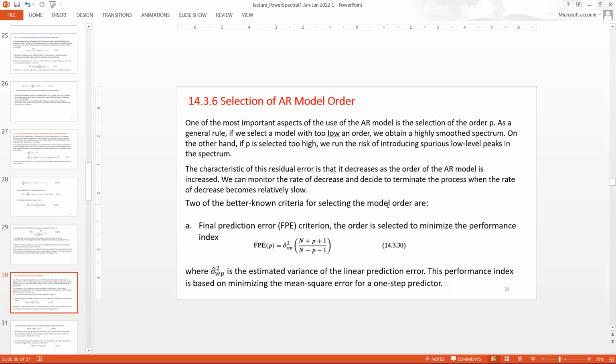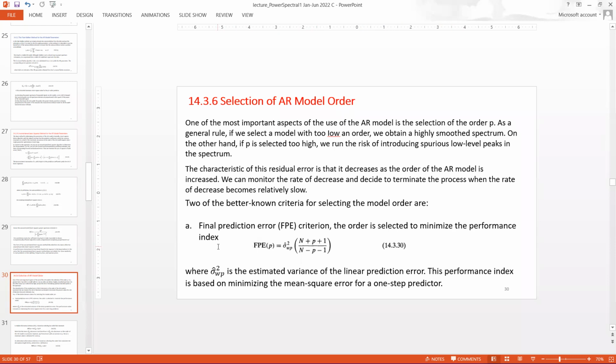So to avoid that, we need to select the optimum value of order. There are two better known criteria for selecting this order. The first one is the final prediction error. So the order is selected to minimize the performance index.